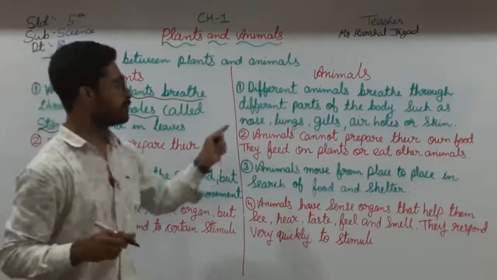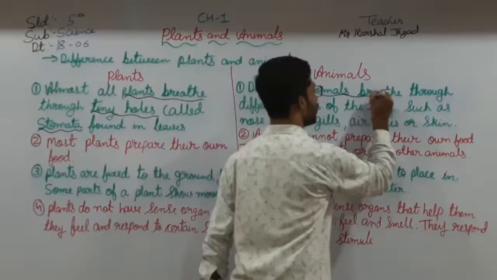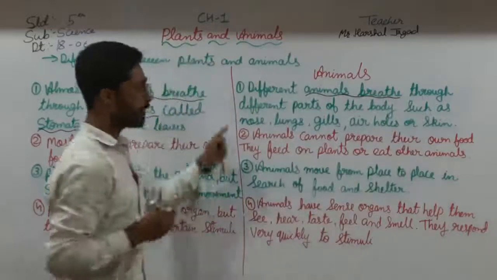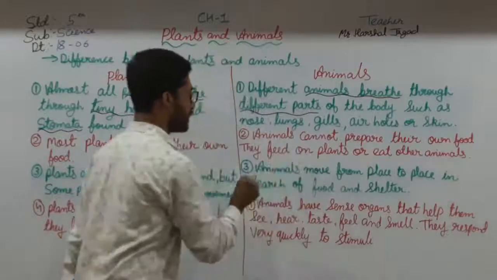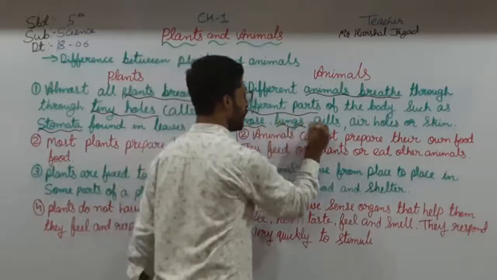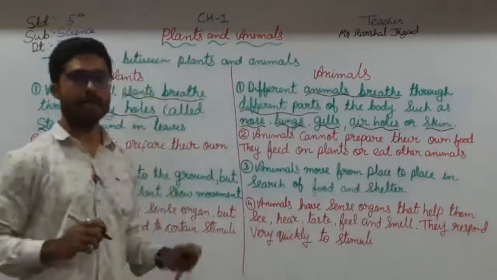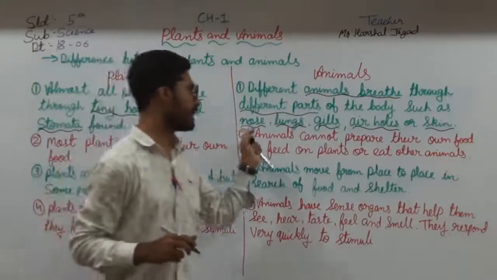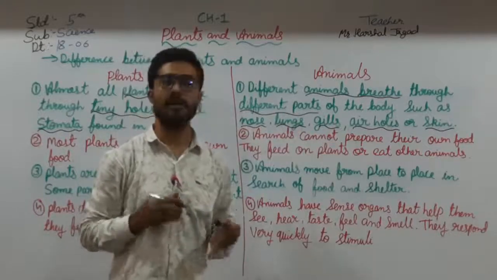In that way, here different animals breathe through different parts, okay, such as nose, lungs, gills, air holes and skin. Animals breathe through different parts such as lungs, nose, gills, air holes or skin.